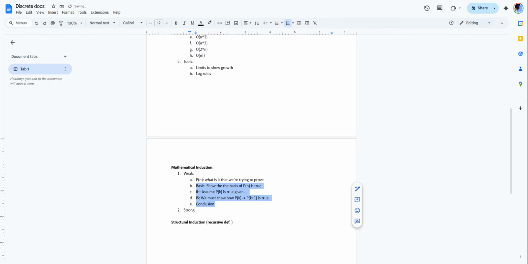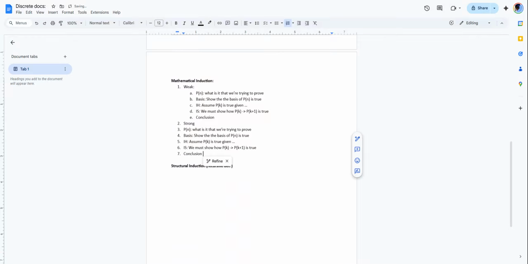And strong is really similar, in the way that we have our Pn, we have our basis. It's true, but now we use multiple bases. I think typically when we see strong, it's like multiple bases that we could use.